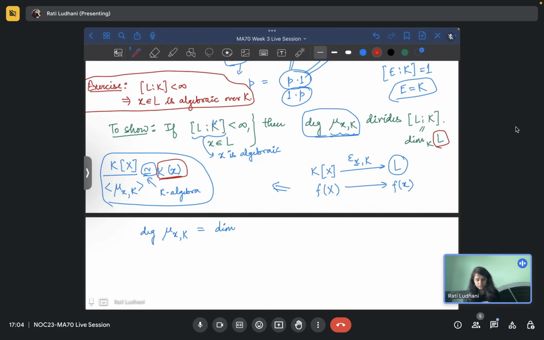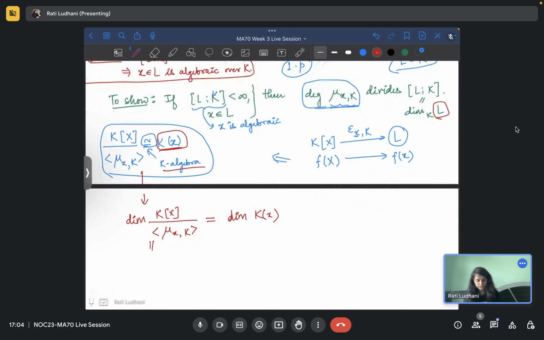So from this information we know that the dimension of K[x] is the same as the dimension of K[X] mod mu_x,K, because these are isomorphic as vector spaces, so the dimension has to be the same. K-algebra isomorphism means it is isomorphic as fields and as vector spaces. And you know the dimension of K[X] mod this is the degree of mu_x,K.